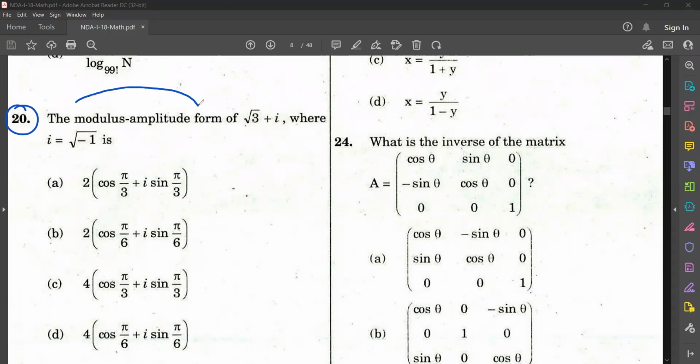Okay, so modulus amplitude form means the polar form that we are studying from the NCERT textbook. Polar form, isn't it? r cos theta plus i sin theta. Remember the polar form? Okay, same form they are meaning as modulus amplitude form.